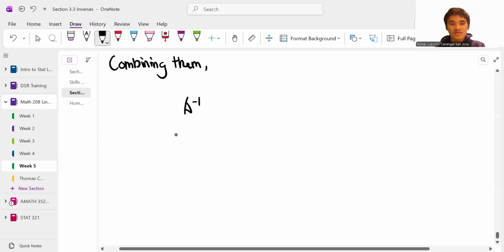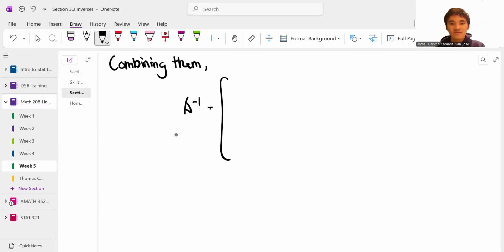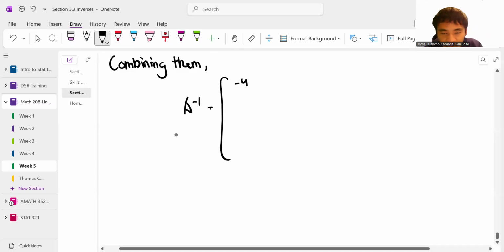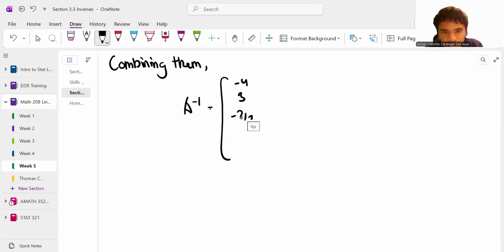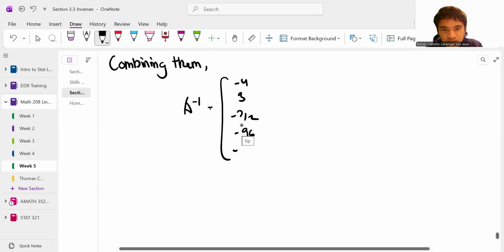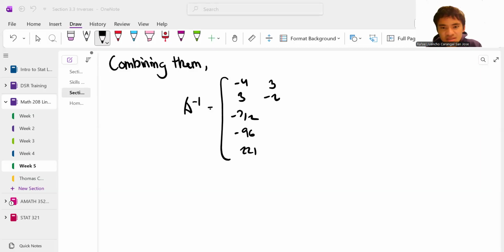The A inverse of that whole thing after partitioning: 4, 3, negative 7 half, negative 96, 221, and then we have 3, negative 2, 5 half, 66.